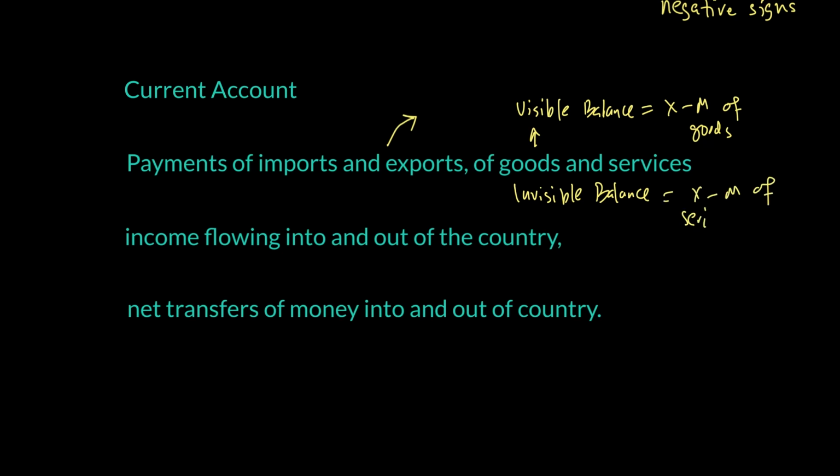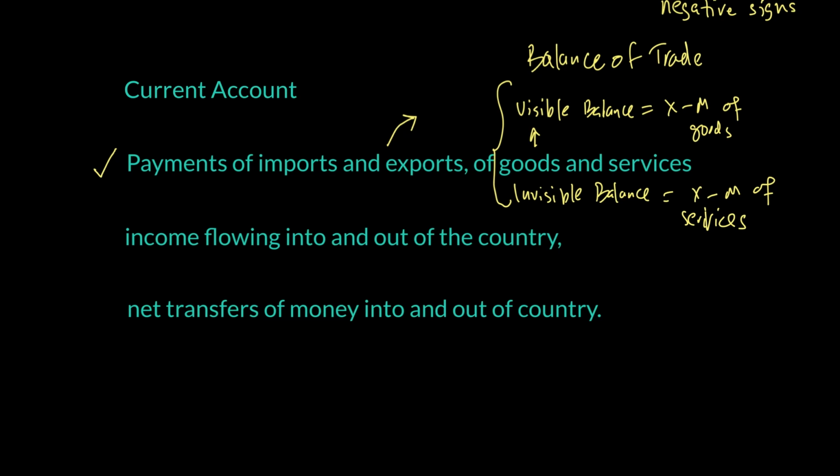Now, when I combine this together, we will get what we call our balance of trade. We've been talking about balance of trade in the last video. It has both the visible balance and invisible balance of goods and services. So the first thing we account for in a current account is basically your X minus M of goods and services, which basically means visible and invisible balance.